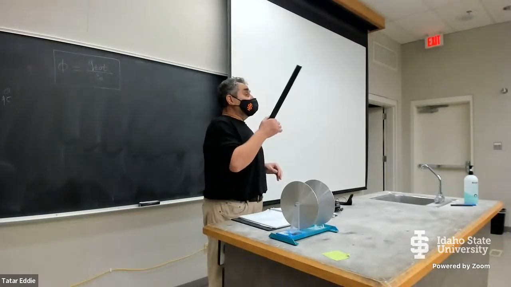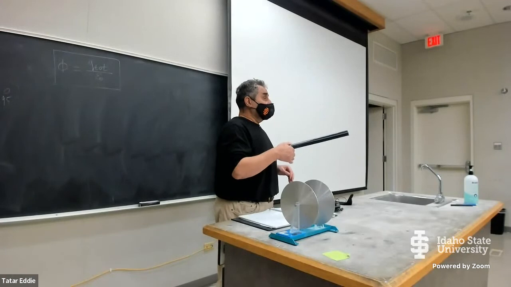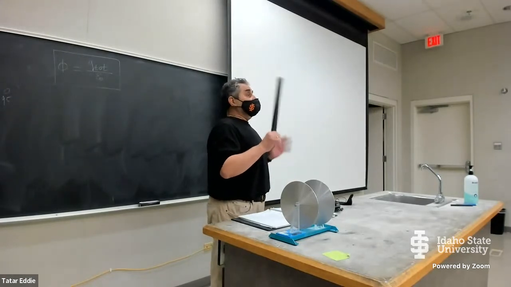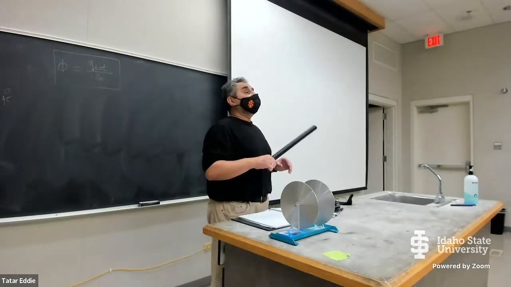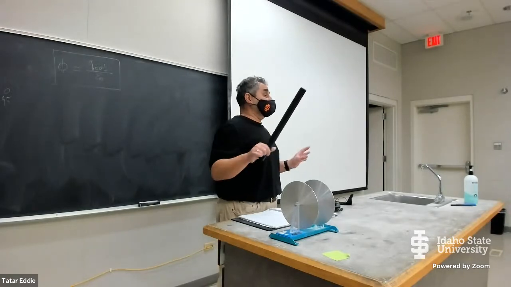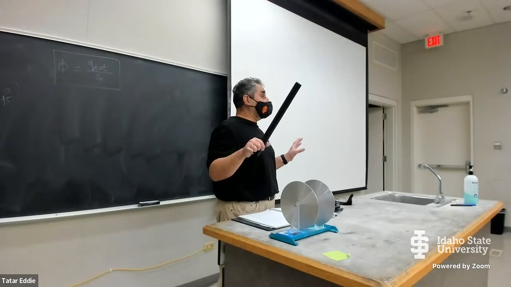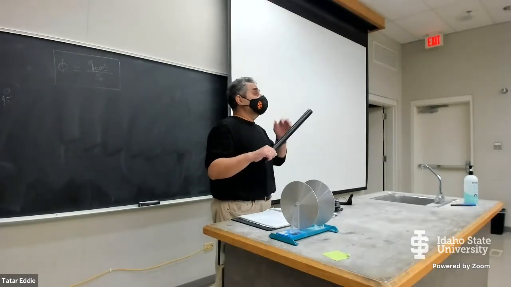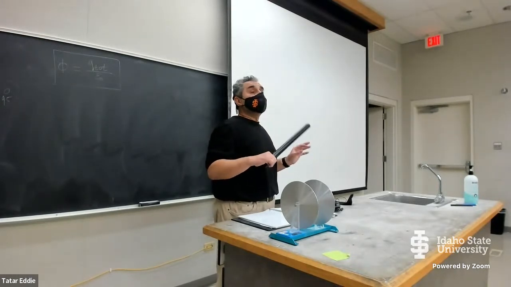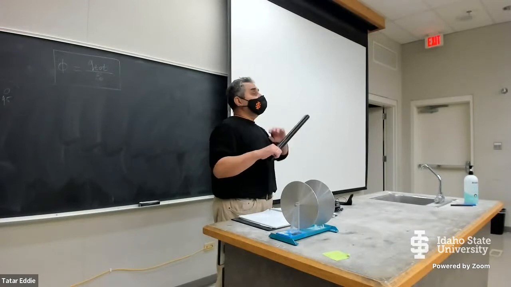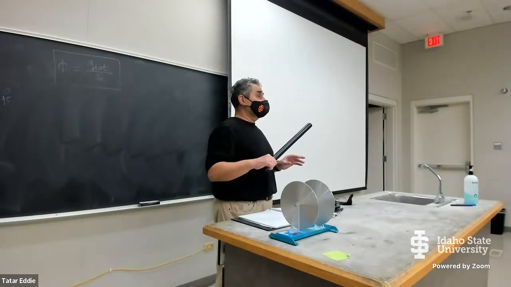In the case of metals, excess electric charges only live on the surface of the metal. Nowhere else. They just don't want to stay. The excess charges don't want to stay in the bulk, in the volume of the metal, only on the surface.